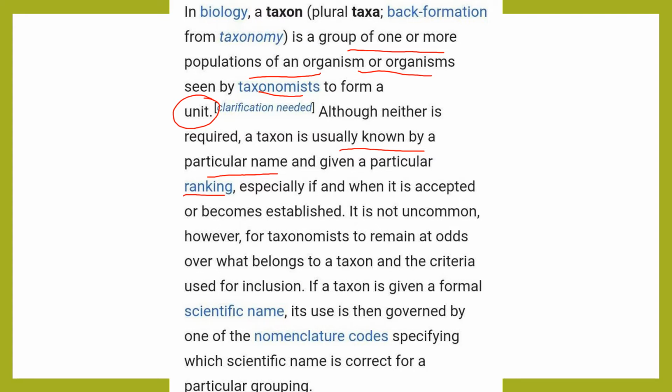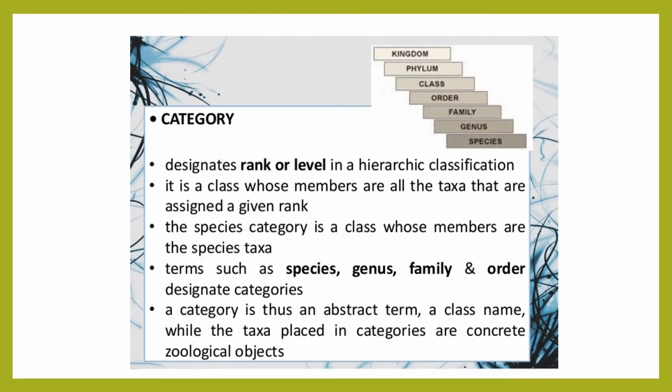If a taxon is given a formal scientific name, its use is governed by nomenclature codes, which we will be discussing in the future lectures linked with the living world. What do you mean by category? It designates a rank or level in a hierarchical classification.